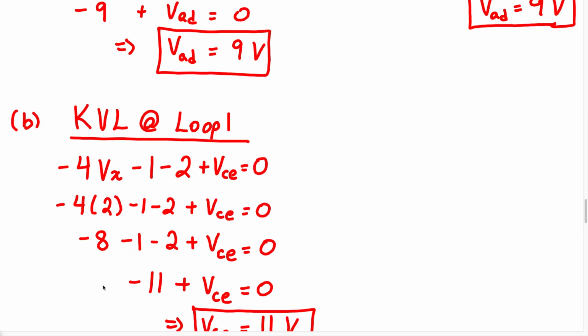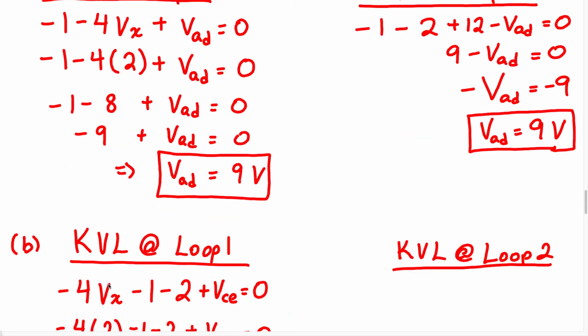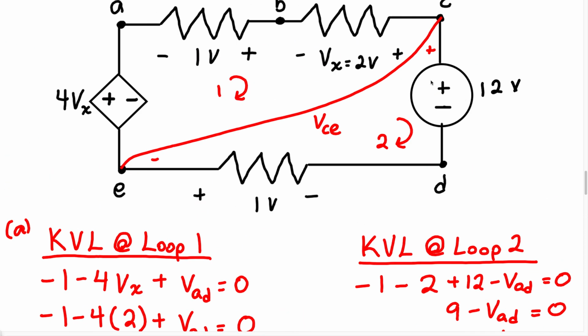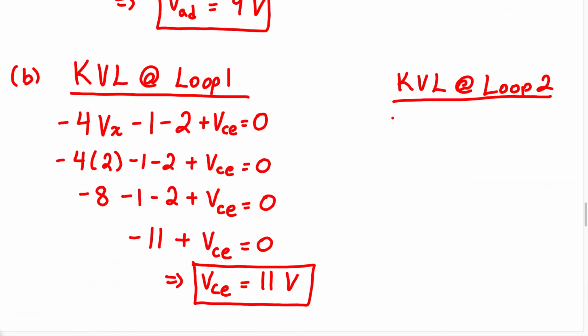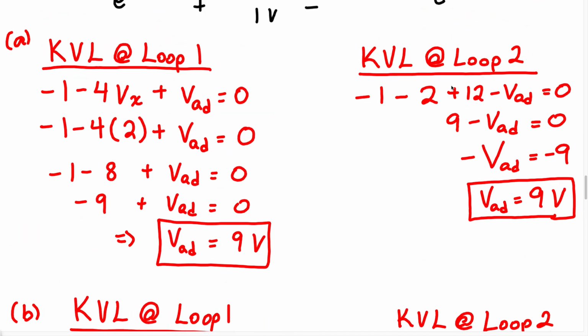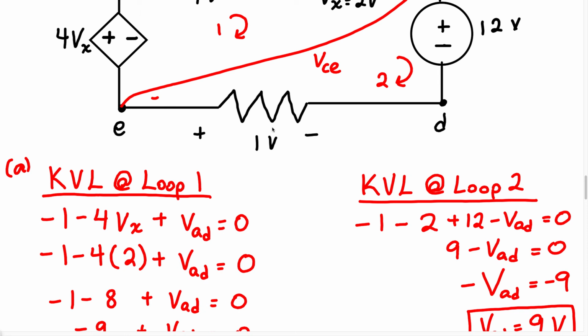Now let's do KVL at loop 2, just for the sake of doing it. Like I said, you could have chosen any loop and you would have gotten the answer correct, right? So let's start at this 12 volt source. When we walk around this 12 volt source, we know we're going clockwise. We know we're going to go this way, clockwise. So we're going to have a positive 12. Then the voltage across this resistor is 1 volt.